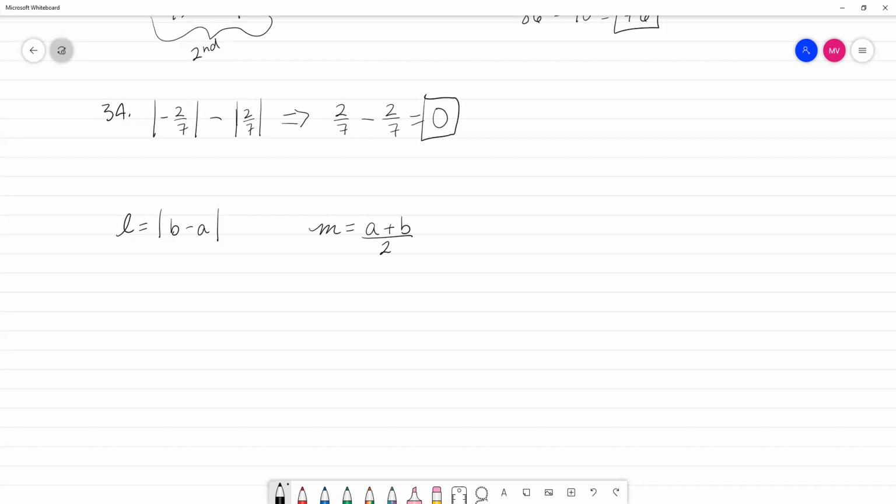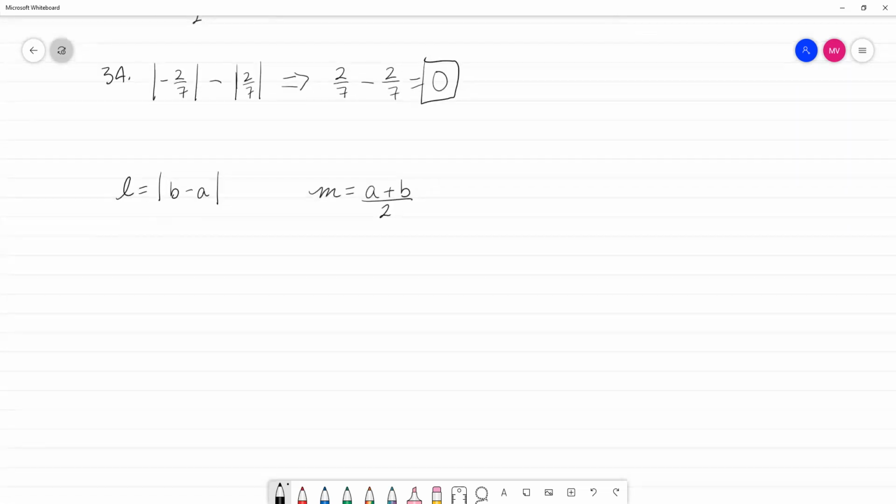Let's look at what we have here. So for 36, we have 137 and 259. Now, I would call these A and B. So when we find the length, we take B, which is 259, minus A, which is 137.